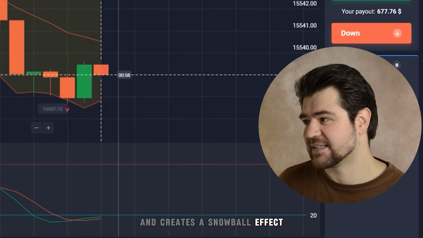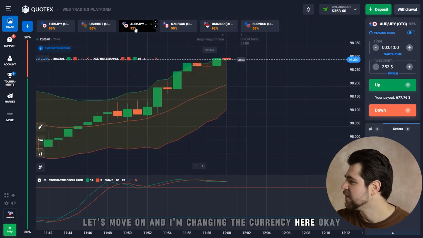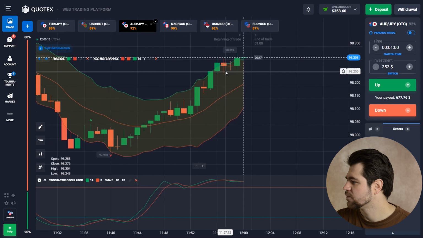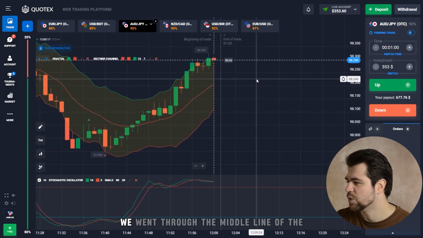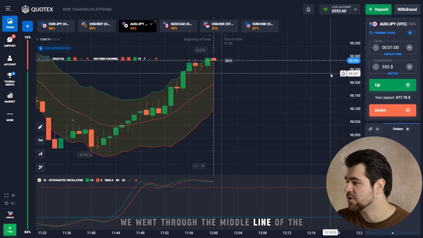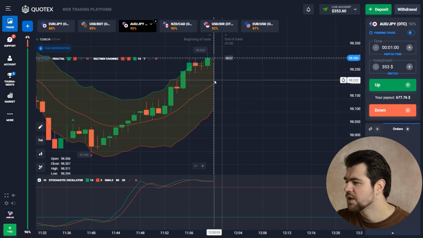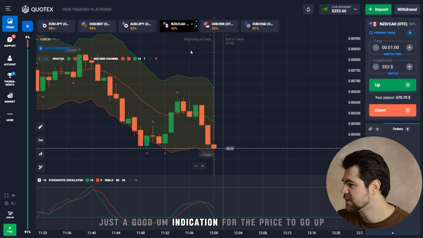It creates a snowball effect. Let's move on, and I'm changing the currency here. Okay, so let's see. Let's have a look. We went through the middle line of the Keltner channel, which is a good indication for the price to go up.